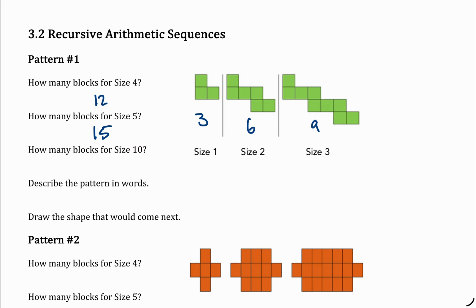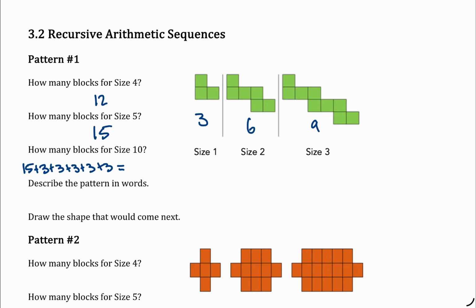Well, if I'm starting at size 5, I know I already have 15 blocks. Then from 5 to 10 is 5 different jumps. So I'm going to have 5 different jumps of 3. So there's 1, 2, 3, 4, and 5.